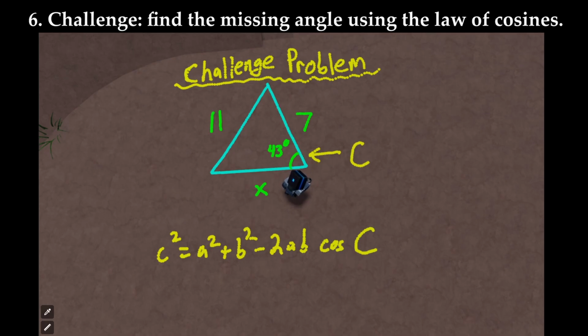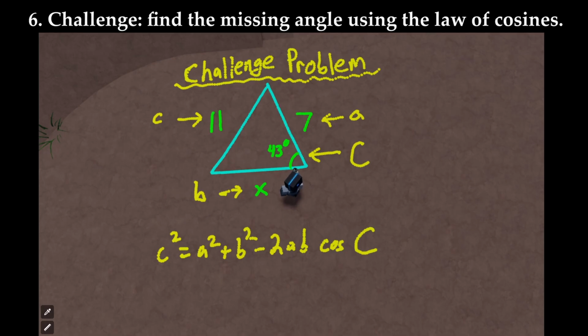Now be careful. A and B are always the sides right next to the angle. So therefore, I can call 7 A and I can call X B, although you could flip it and call A X and B 7, but that doesn't matter. And then the side opposite to the angle is C, which is 11.